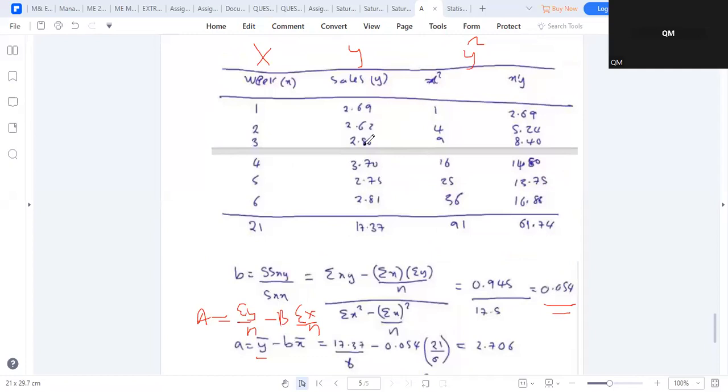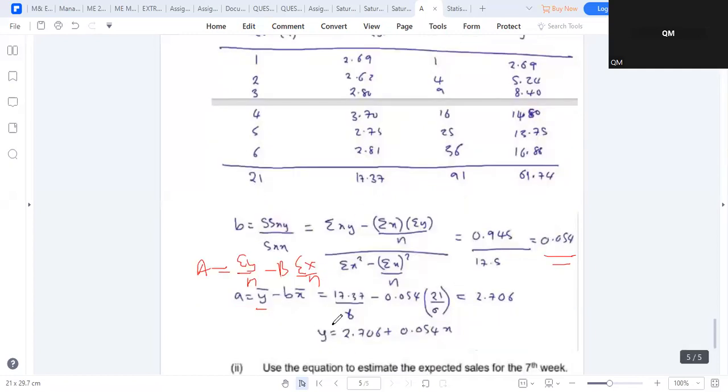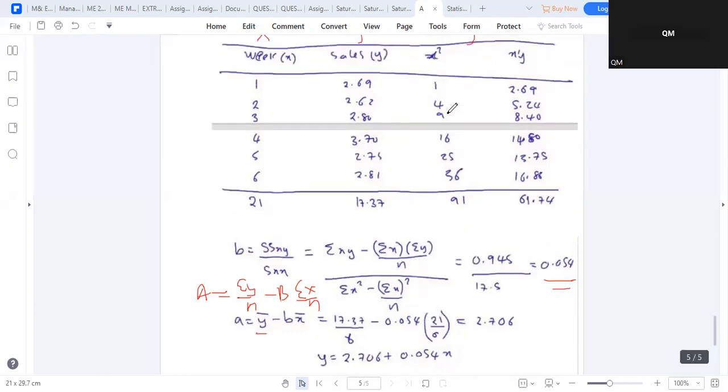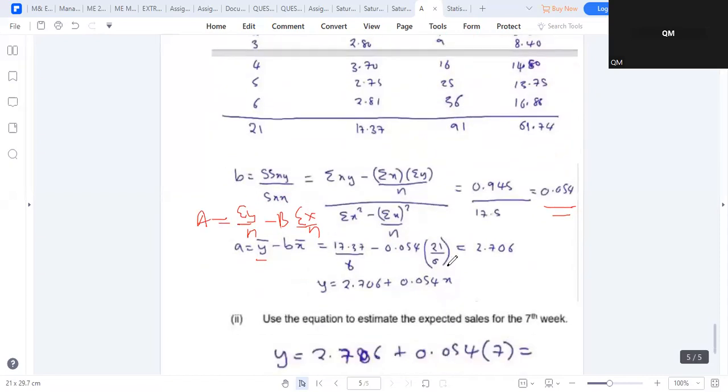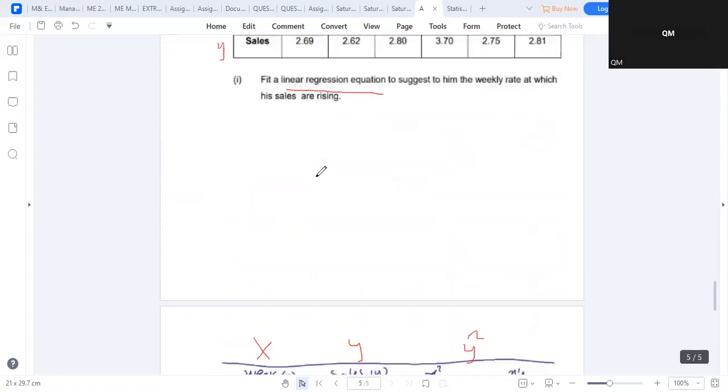How many are they? 1, 2, 3, 4, 5, 6. Over 6, minus the b we got here, 0.054, and the total of the x's, 21 over 6. Your intercept is 2.7. So we put 2.7 plus 0.054x. So here, that is your regression equation.